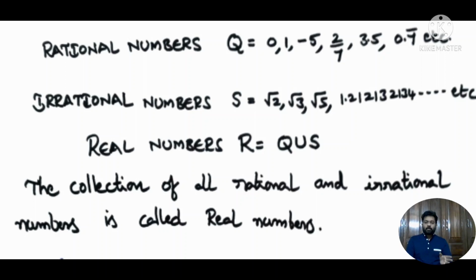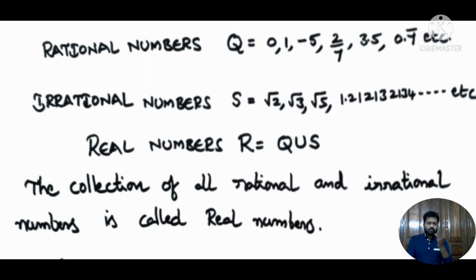Now, our lesson, real numbers. The combination of all rational and irrational numbers is called real numbers. That means R is equal to Q union S. Real numbers are denoted by capital R. Combination of rational and irrational.